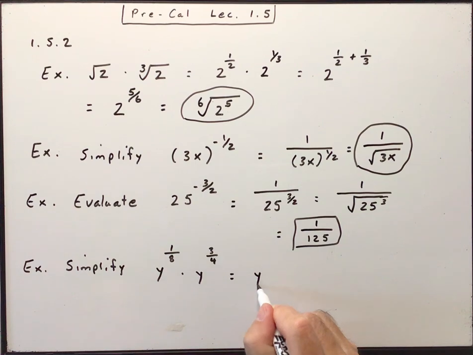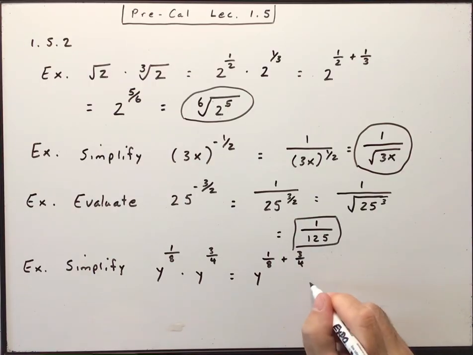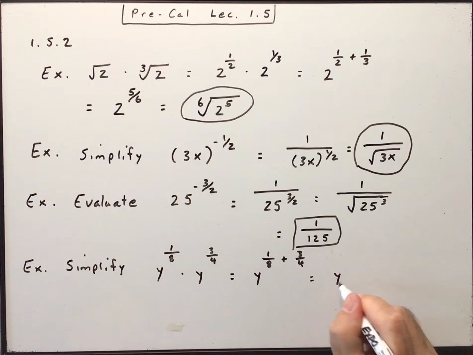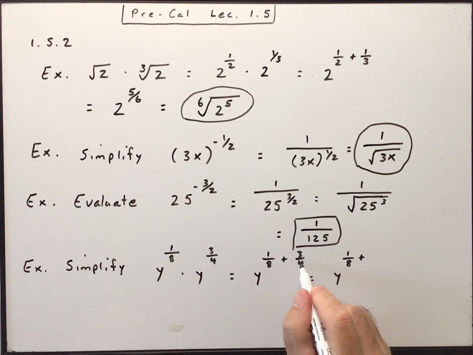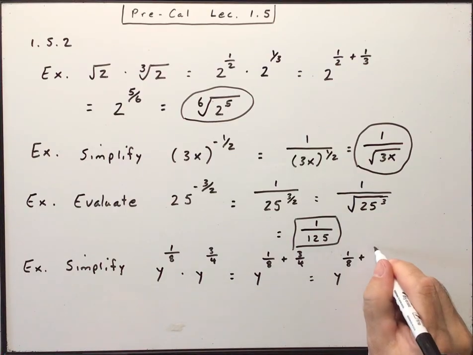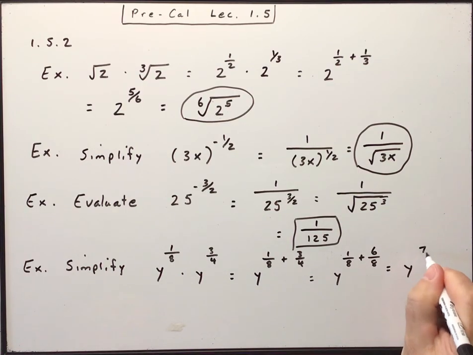So this is y to the 1/8 plus 3/4. Now we need to have them both in eighths, so 3/4 is the same as multiplying by 2 over 2, and that would be 6/8. So that's y to the 7/8.